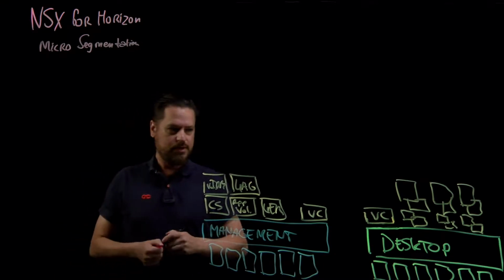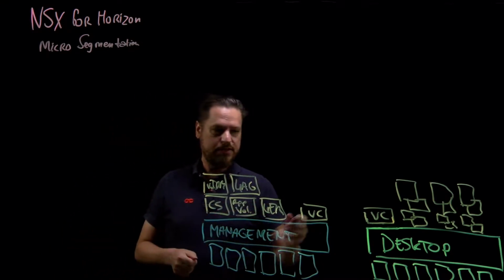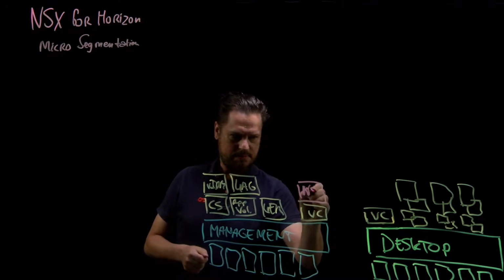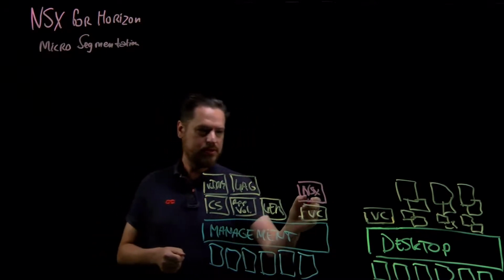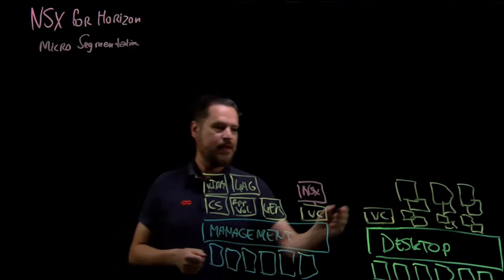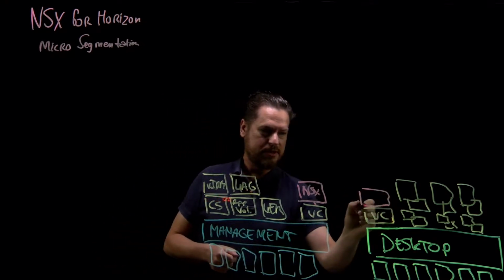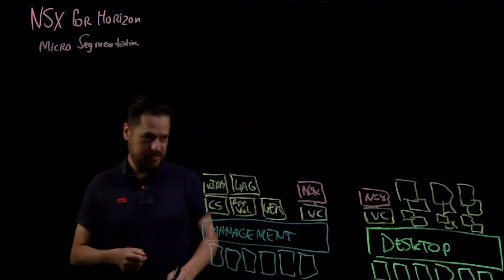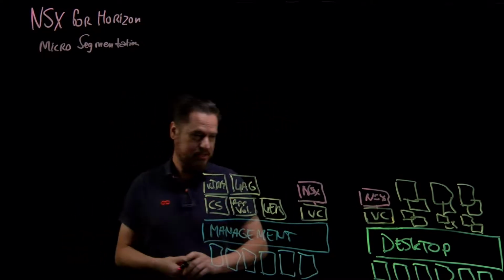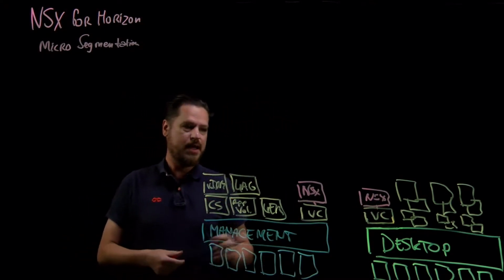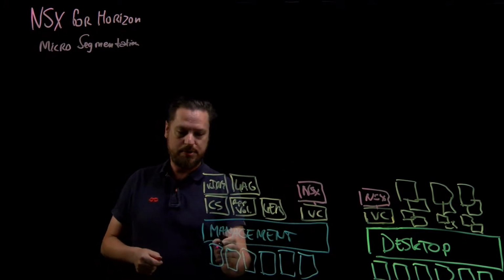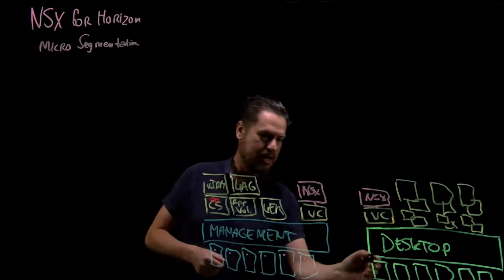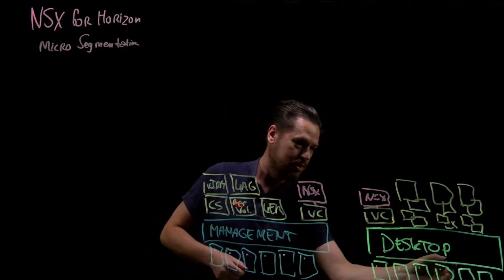So what we need for the NSX infrastructure, we need the NSX manager on the management block that is linked to the vCenter and an NSX manager in the desktop block that is linked to the VC on the desktop, that is for the desktops, and afterwards we prep all the hosts to be able to enable the firewall services on the host.